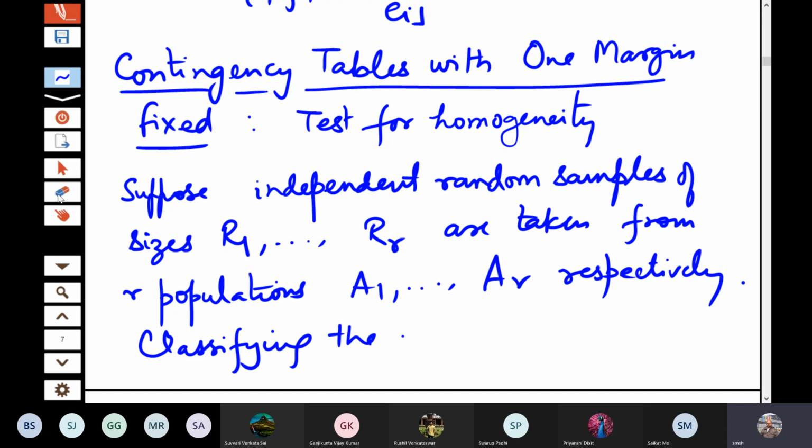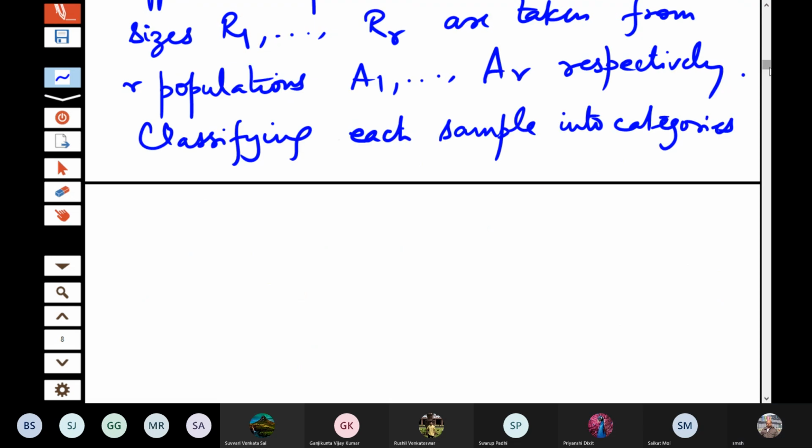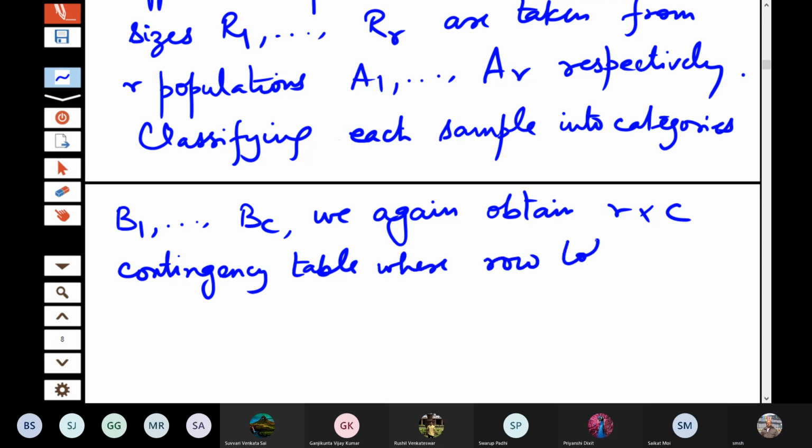Classifying each sample, here the row totals are fixed.